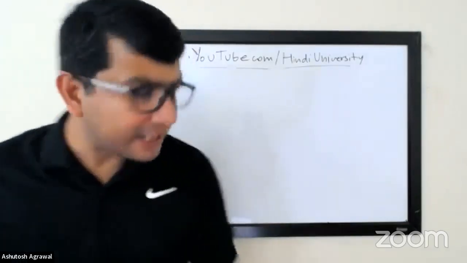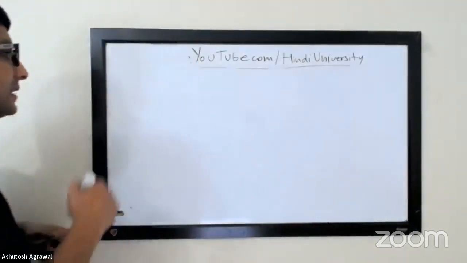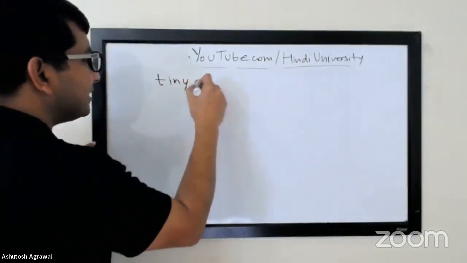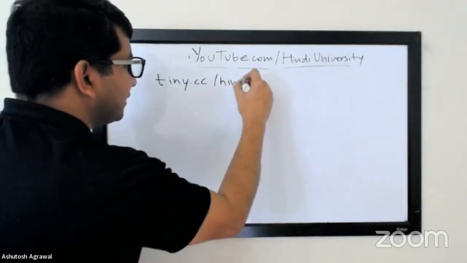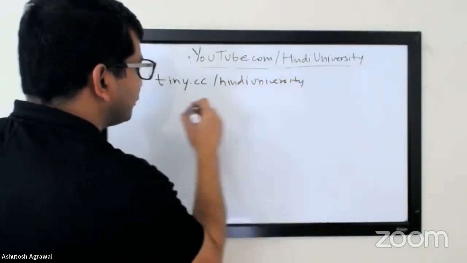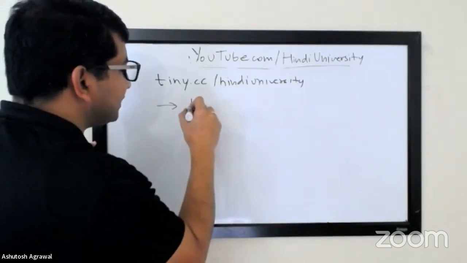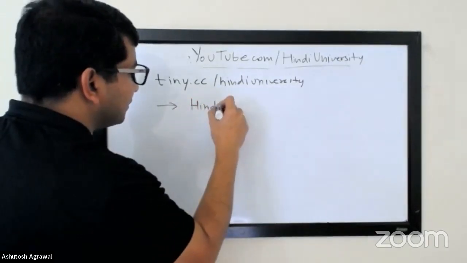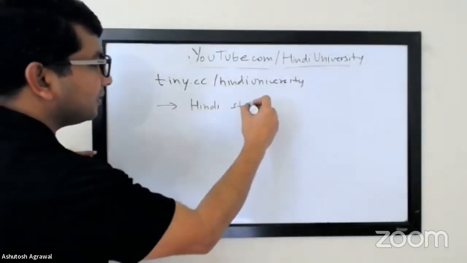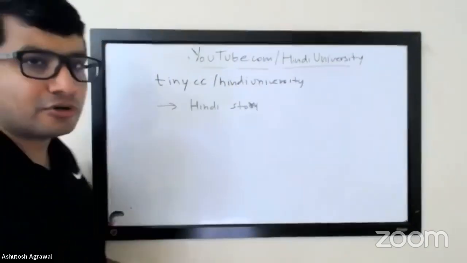So just to give a context, as I said, we have this page tiny.cc/Hindi University, and within that page, you will see a section called Hindi Story. Based on the topic we are covering, I'm just building a story on top of it.